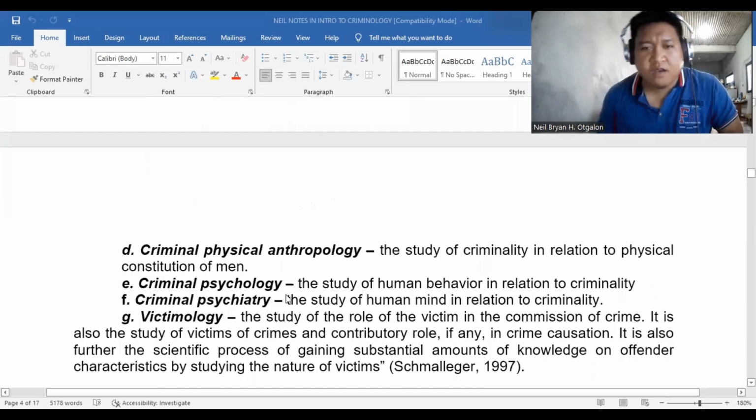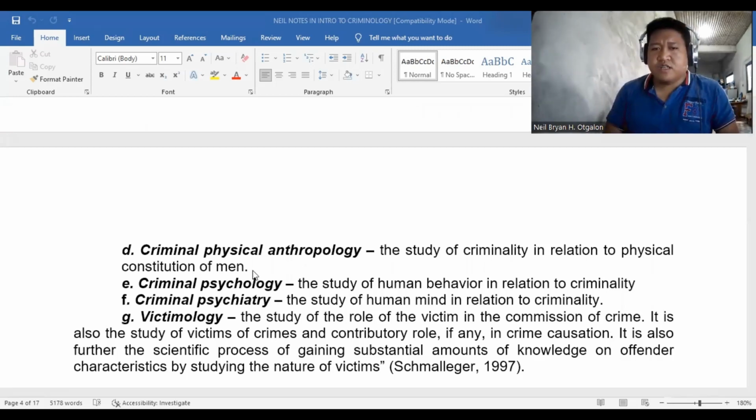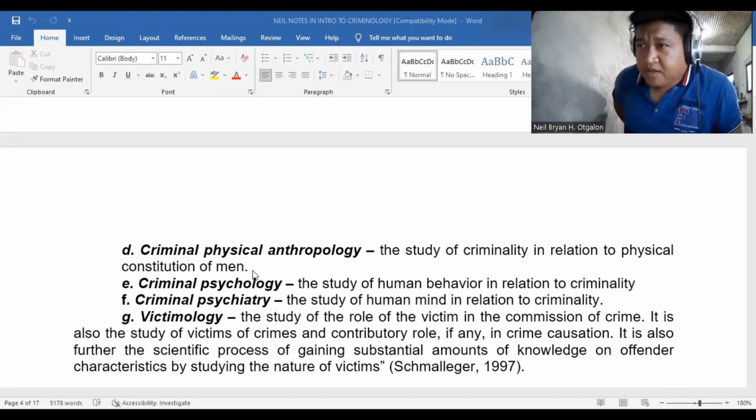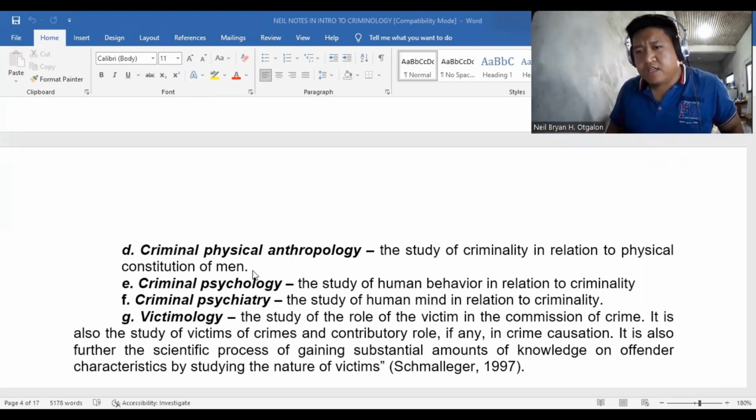Another is criminal physical anthropology. Anthropology is all about the relation of the physical constitution of men. Kaya nga, si Sheldon, no? May isang criminology personality, si Sheldon ang apelyido niya. Mayroon siyang study and theory, gamit yung physical feature ng isang tao.